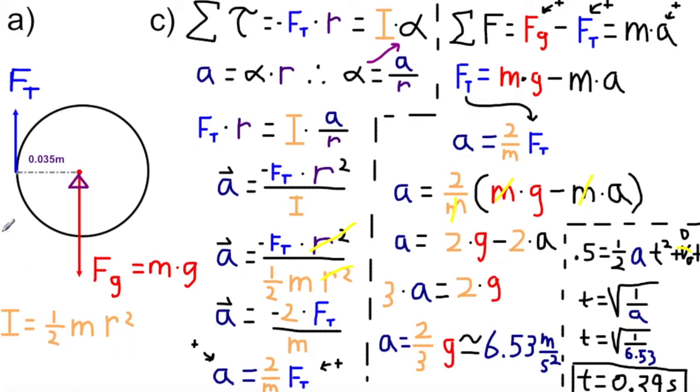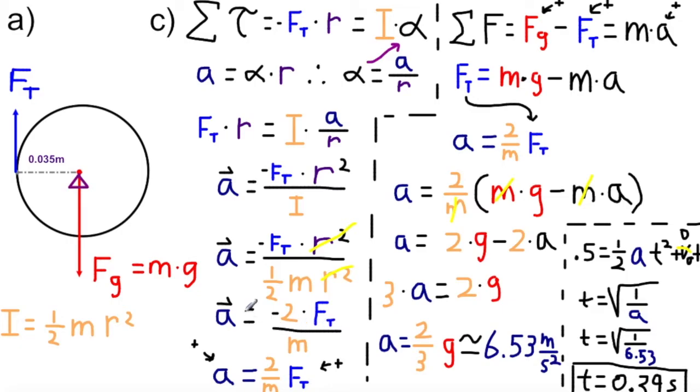So there'd be more torque, but there'd be more resistance to angular acceleration, and those two would cancel each other out, thus having the same angular acceleration. All right, so the r squareds cancel out. Flip this 1/2 in the denominator, and you get a linear acceleration of -2 times the force of tension divided by mass.